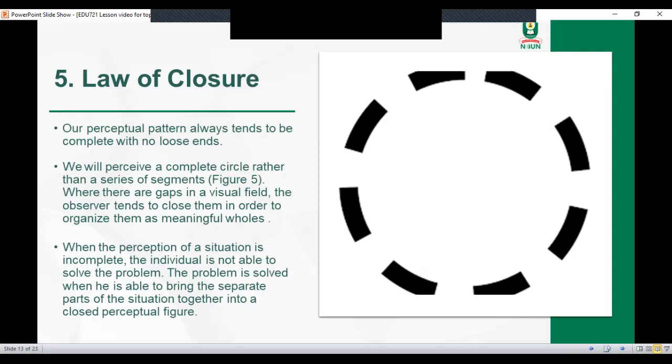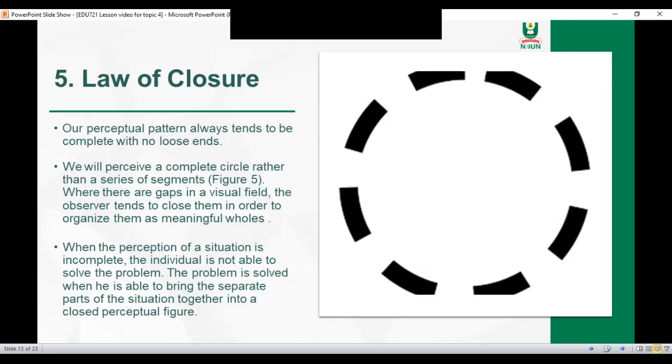So what this law of closure means is that our perceptual pattern always tends to be complete with no loose ends. Yes, there are loose ends, but because we tend to see the whole with the total situation, when we are looking at something like broken circles, we tend to complete it.